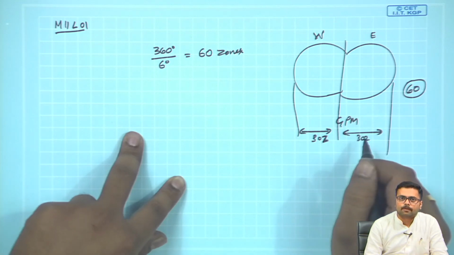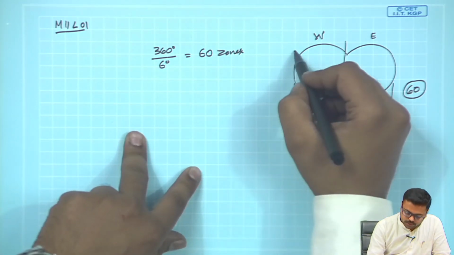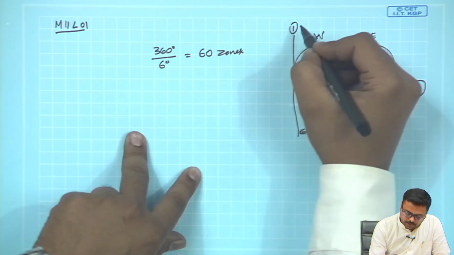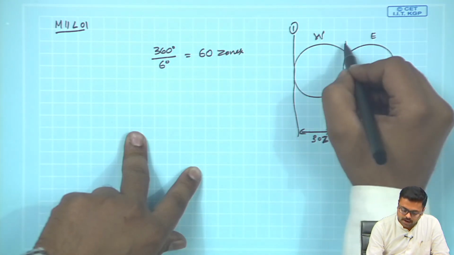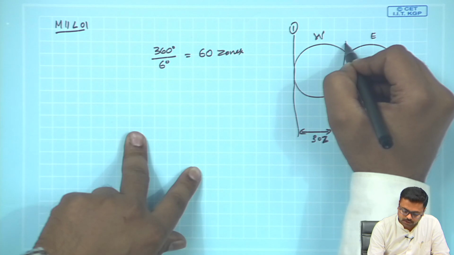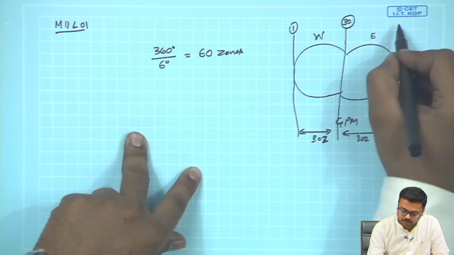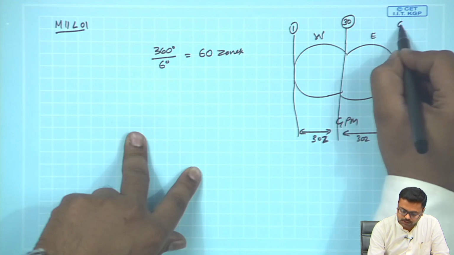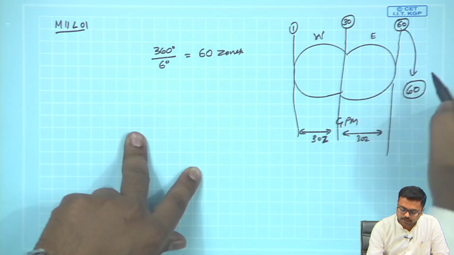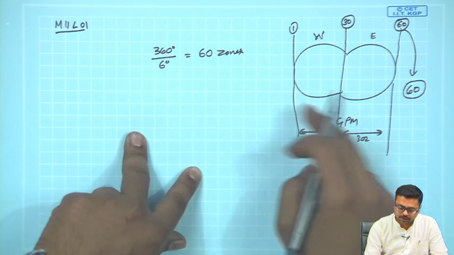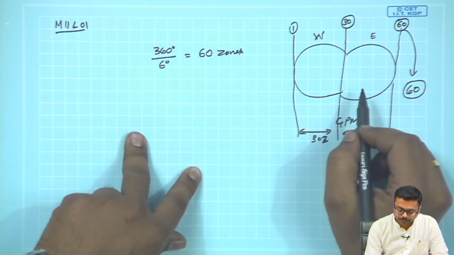Zone number 1 starts from the westmost end, and by the time you reach the Greenwich prime meridian, the zone number is 30, and by the time you move to the far east, the zone number is 60. This is how 60 zones have been divided around the world.